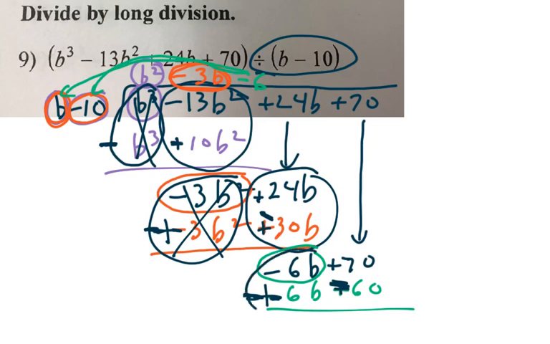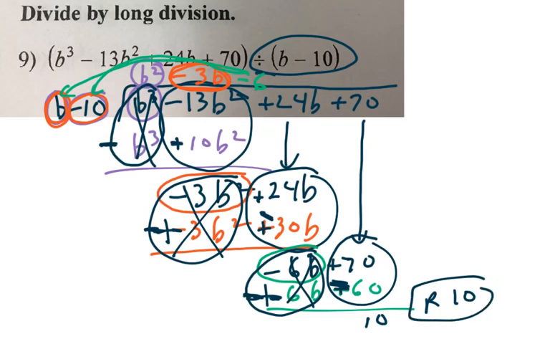And so 6 minus 6, of course, is 0 b's. And I'm left here with 70 minus 60 is 10. My remainder, therefore, is 10, right? Coming up here, I would write it as 10 over my divisor, b minus 10.